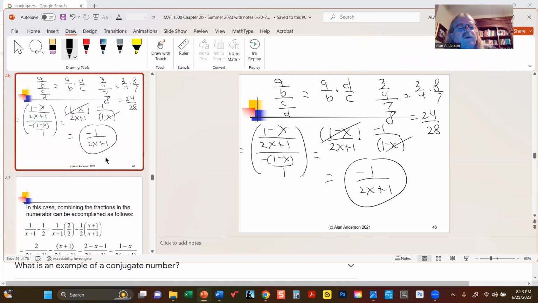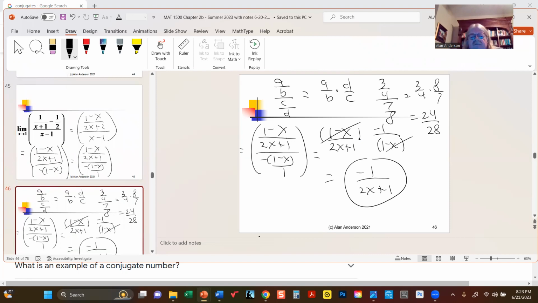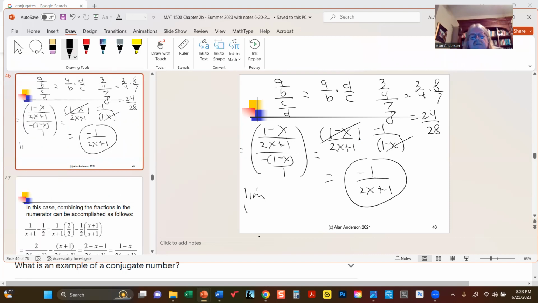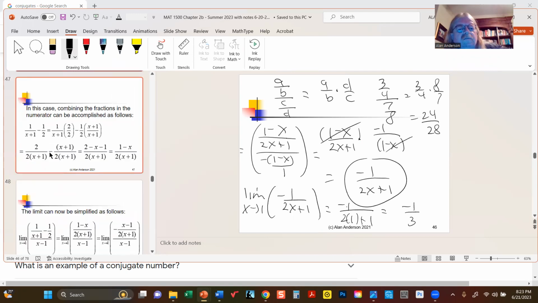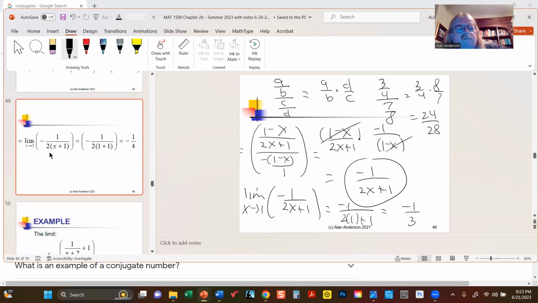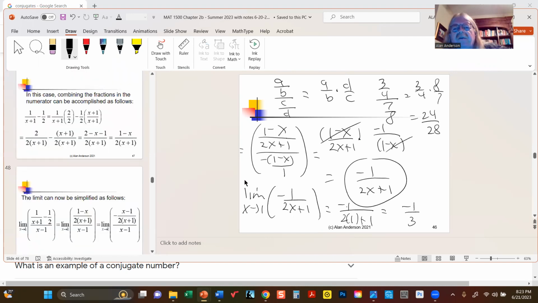Remember, originally the limit was supposed to be of 1. Oh, I think I may have made an algebraic error here somewhere.